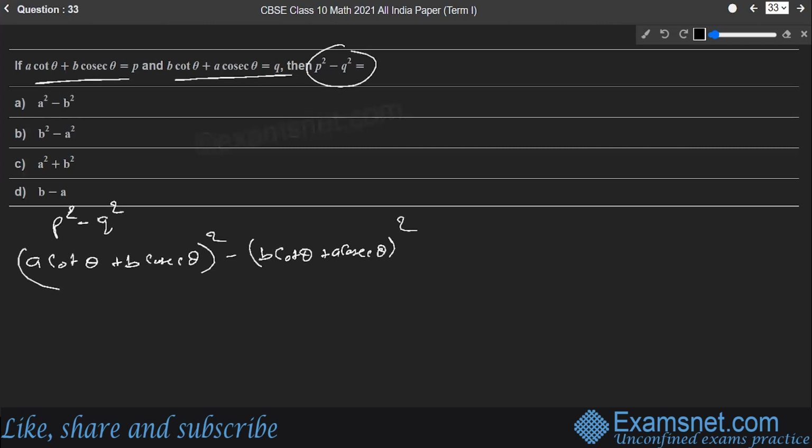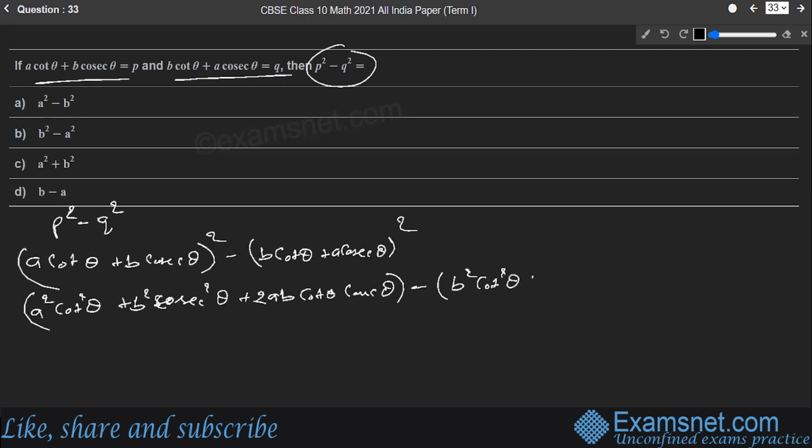If we expand this using the A plus B whole square formula, it's going to be A square cot square theta plus B square cosec square theta plus 2AB cot theta cosec theta, and we have to subtract the other part, B square cot square theta plus A square cosec square theta plus again 2AB cot theta cosec theta.